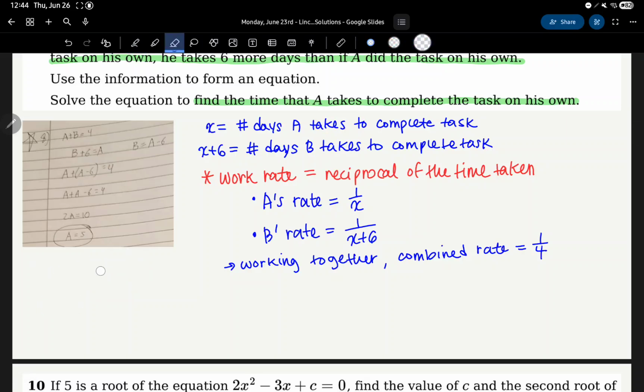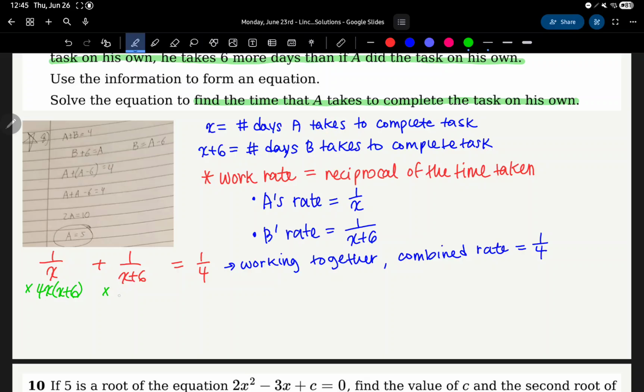Let me just write it out for you. Let me just space it out. That's going to make it look easy. Let's start here, and then we're going to multiply by 4x, x plus 6.